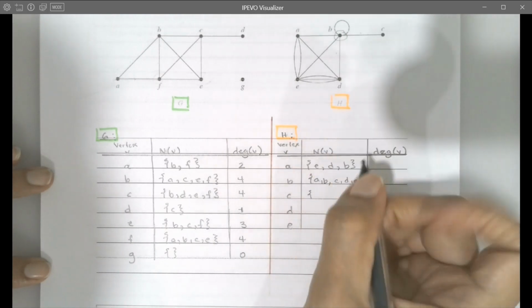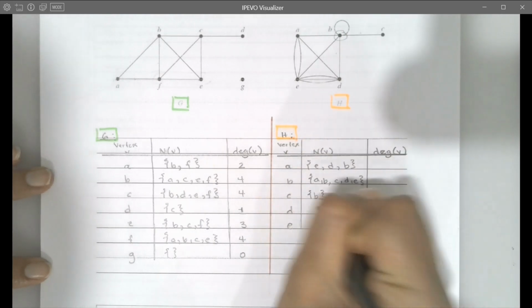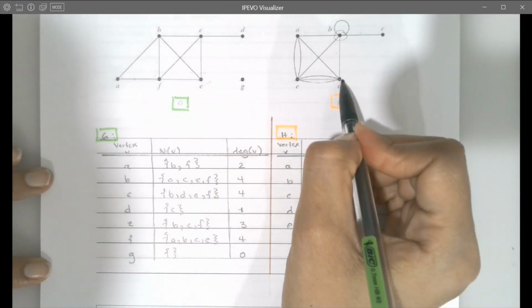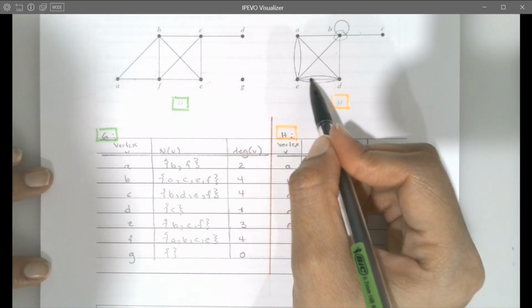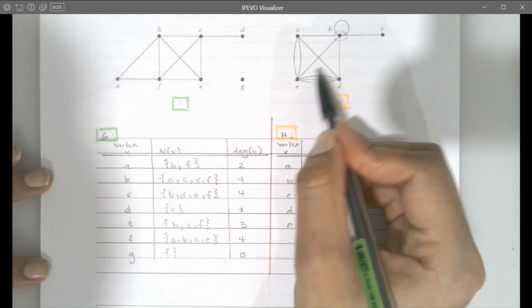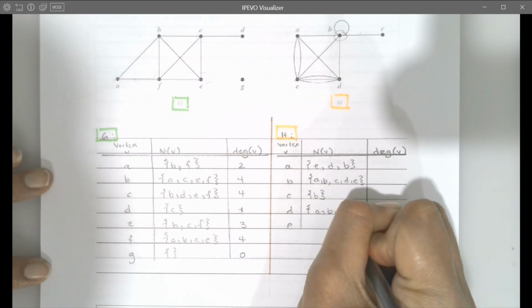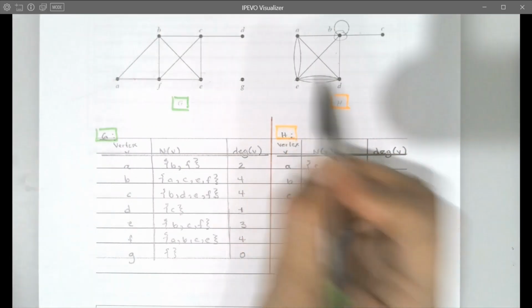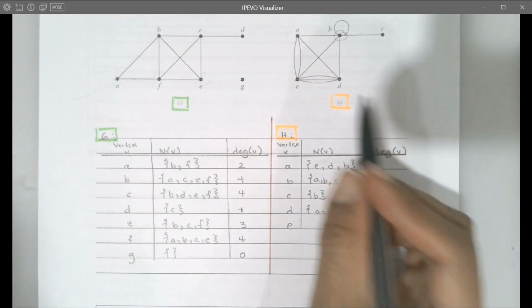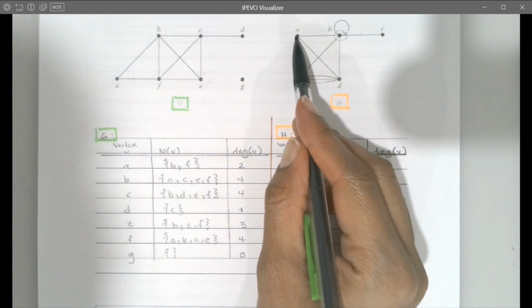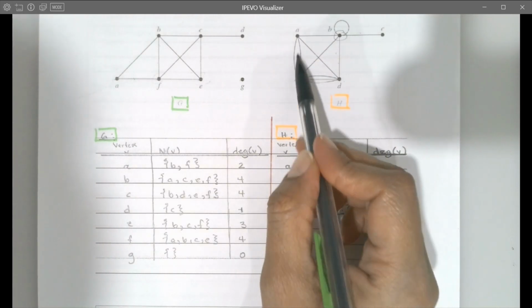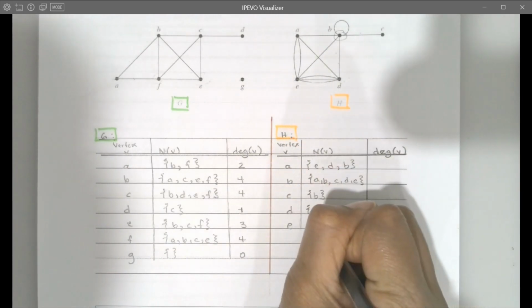So only 1 neighbor, and that's B. For D, we have several edges, but neighbors are A, B, and E only, and some of those edges are repeated, specifically between D and E. And then finally E, we have 3 neighbors, A, B, and D, as the edges go out to those 3 nodes.